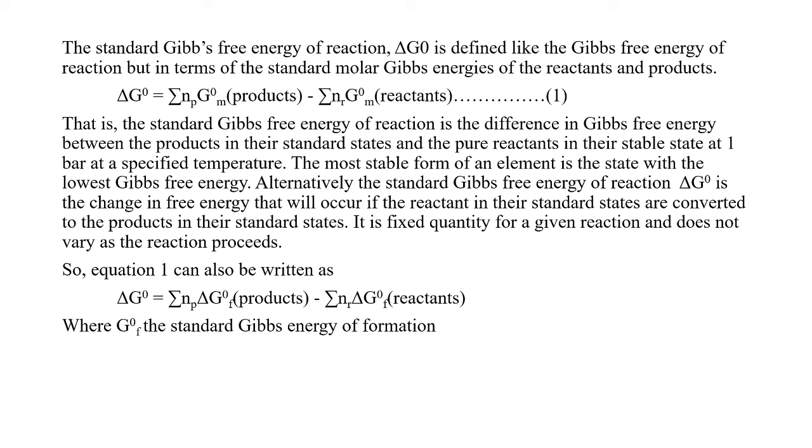So one straightforward way is to combine standard enthalpy and entropy, so we get delta G naught f is equal to delta H naught f minus T delta S naught f.